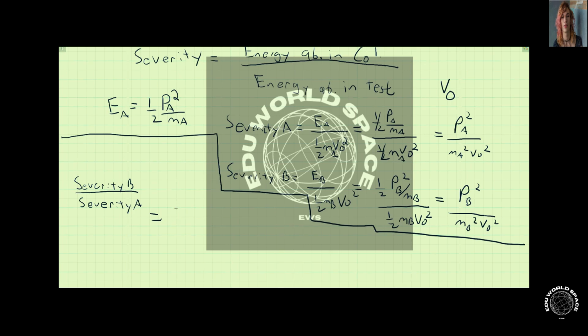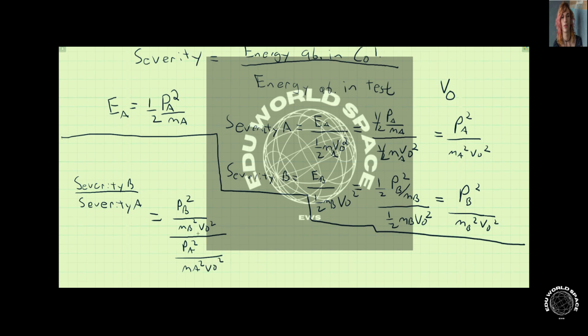Severity B is going to be momentum B squared divided by m_B squared, v naught squared. And then we're going to divide that by severity A, P_A squared divided by m_A squared, v naught squared.